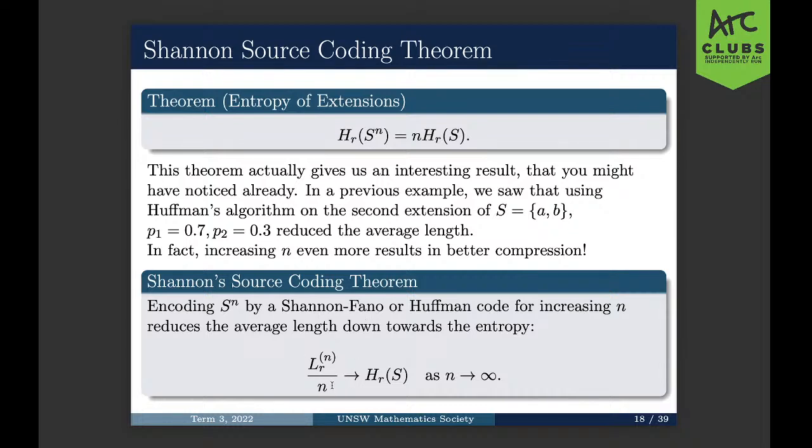It's saying this as an average length per original symbol. So this thing here, the average length for the nth extension, radix r, divided by n, is the average length per original symbol. That's going to go to the radix r entropy as n goes to infinity, for both the Shannon-Fano and Huffman codes.